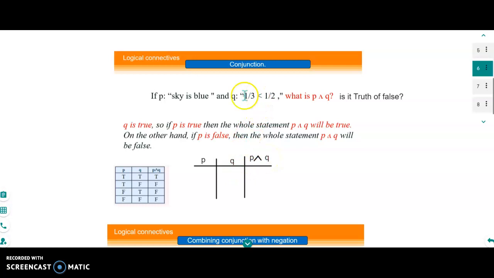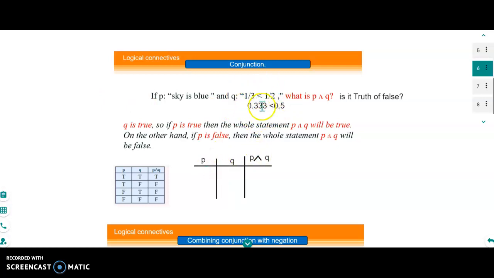Let's find out the first one. 1/3 is less than 1/2. If we solve this division it will be 0.33, so this is 0.33 less than 0.5, and we realize that this proposition is true because this is less than this.